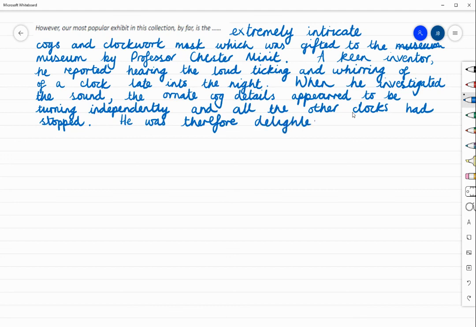And again, we're going to come back now to the start of our paragraph when he gifted it to the museum. He was therefore delighted to, I've already used gifted it to the museum. I'm going to go donate it to our collection.